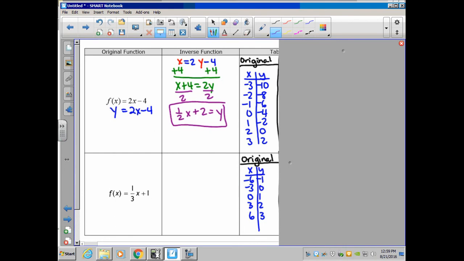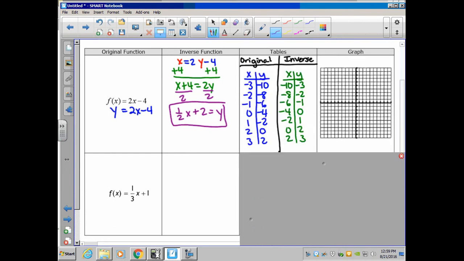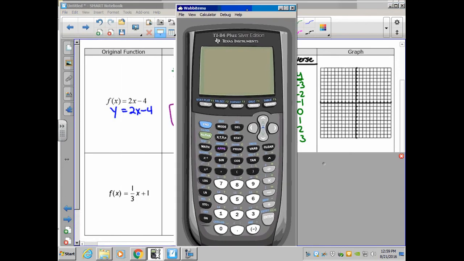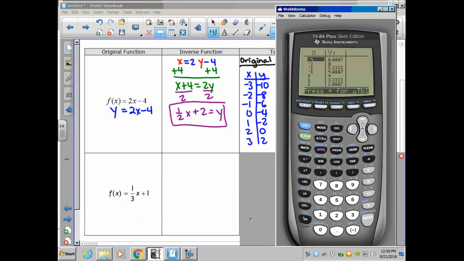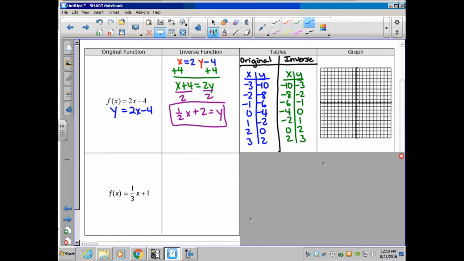All right, so what I want to do next is go to my calculator. This is the process I go through. I go to y equals, I type in my original function, 2x minus 4, go to the table, and I find some good whole number points. I started at negative 3, and I wrote down a bunch of points there, as you can see. And then I graph it.